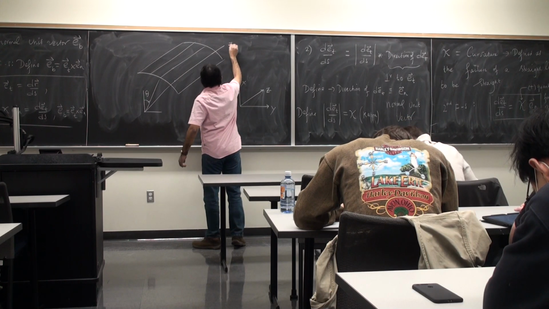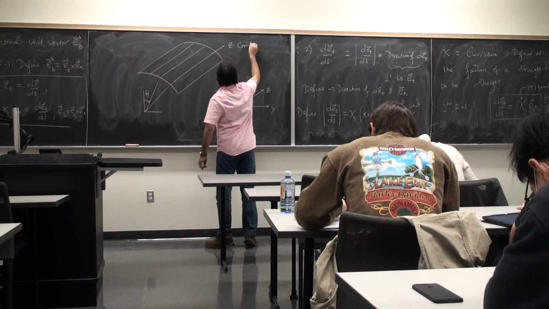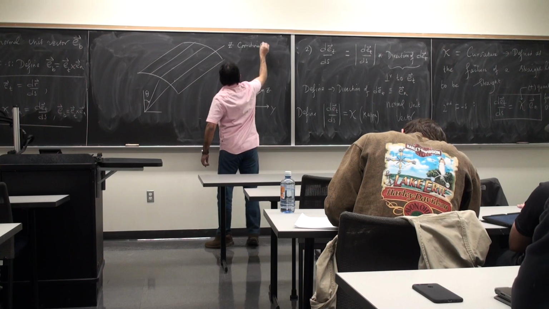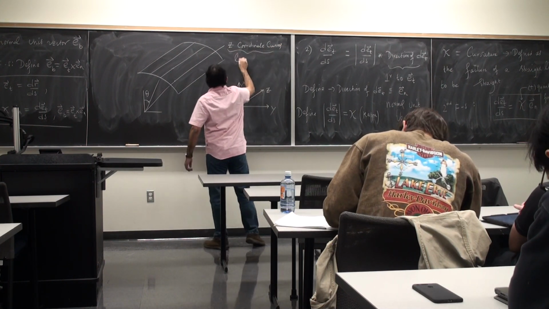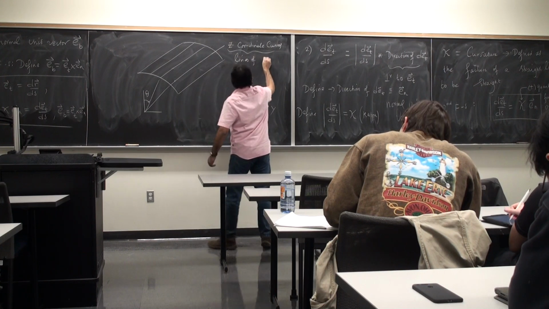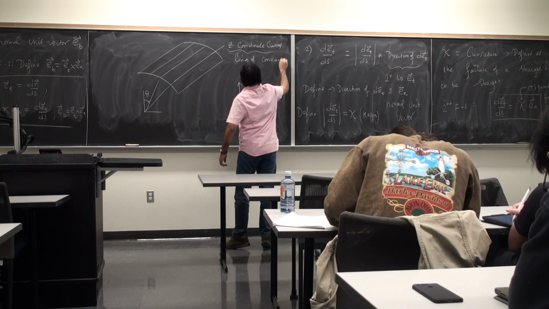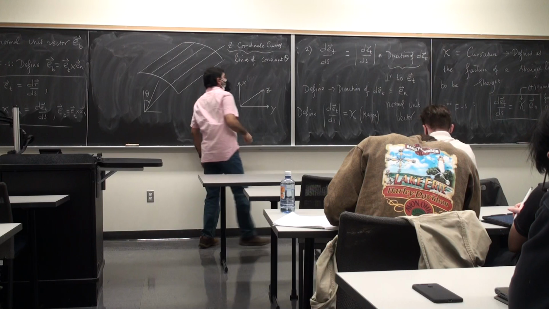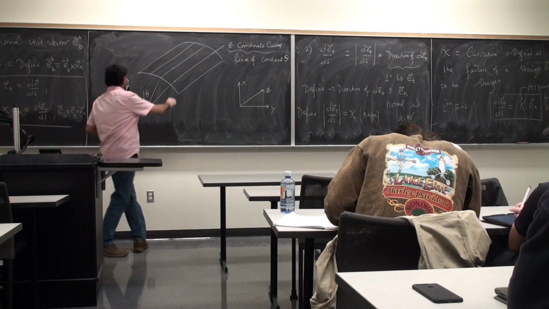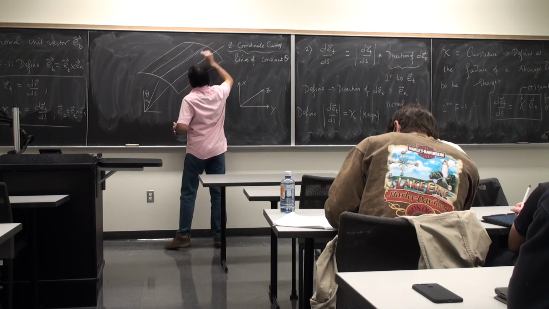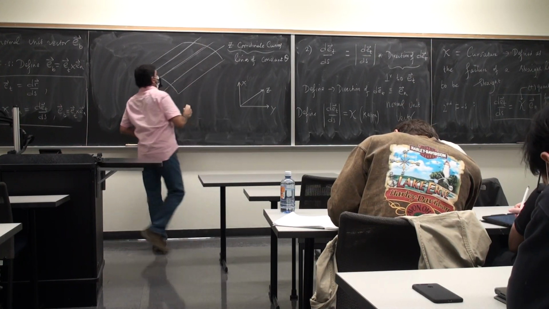These are called the z coordinate curves. These are lines of constant theta. So this is a net. You can see this is another line, and this is another line, and so on.